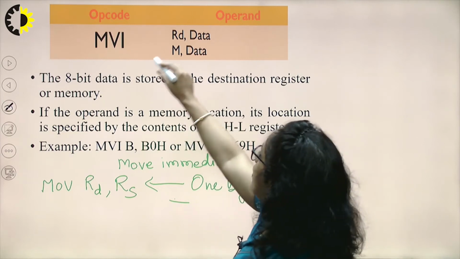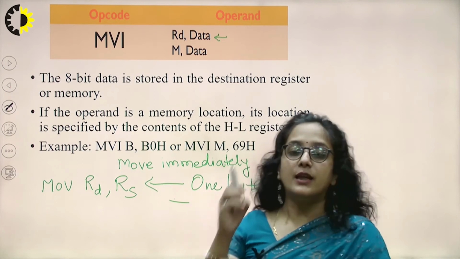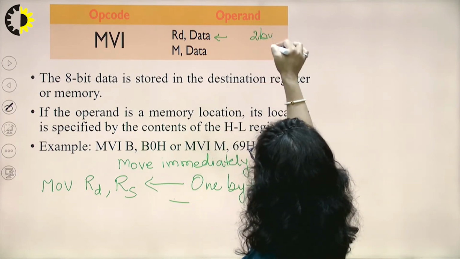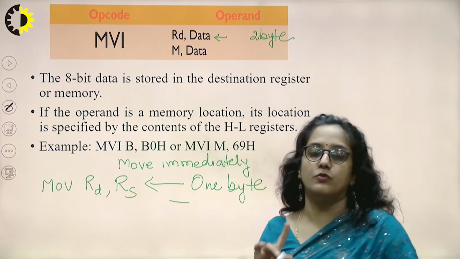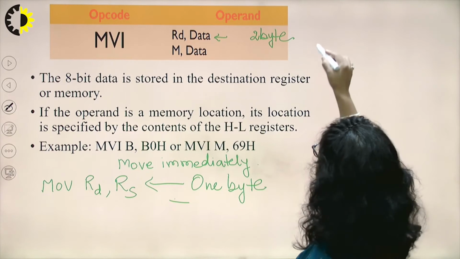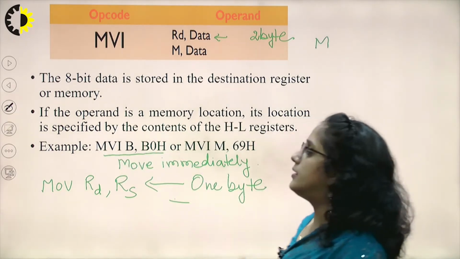Now in MVI RD comma data, the data is also specified, that is immediate data. So this instruction is a 2 byte instruction. It requires 2 memory locations to be stored in the program memory. Let us take an example, MVI B comma B0.